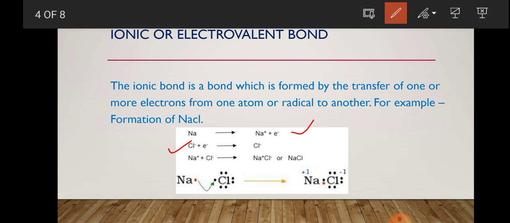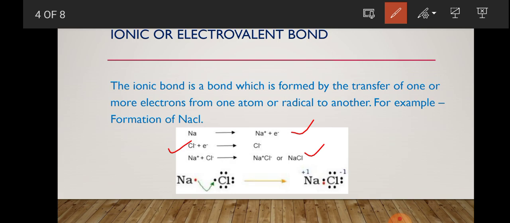Then these oppositely charged ions combine together by electrostatic force and form sodium chloride, and this is ionic bond.